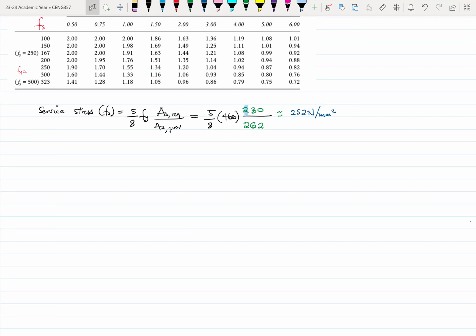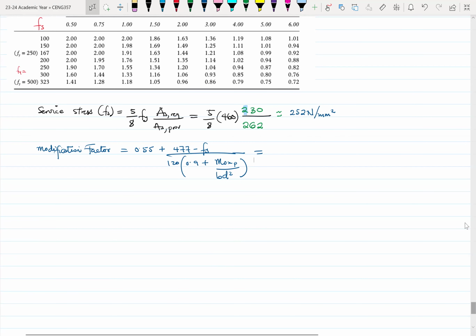Once we have that, our modification factor, most of these tables are based on equations. So this becomes 0.55 plus (477 minus the service stress) divided by 120 times (0.9 plus our M over bd squared). That's how the table is formulated.